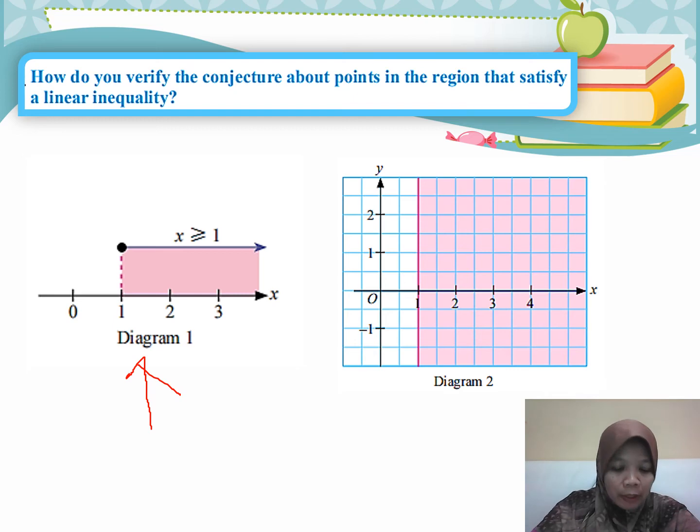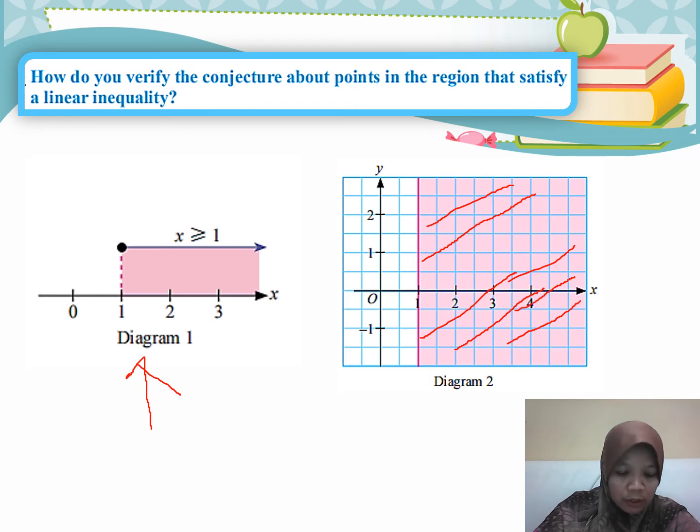But do you know that an inequality can also be represented on a Cartesian plane by shading the region that satisfies the inequality, as in diagram 2, in this diagram, this region. So how to write the inequality?